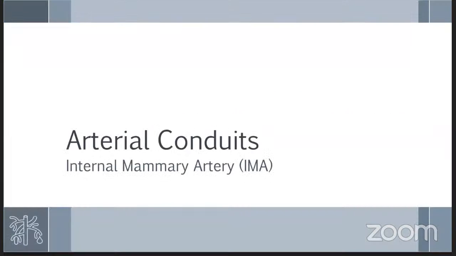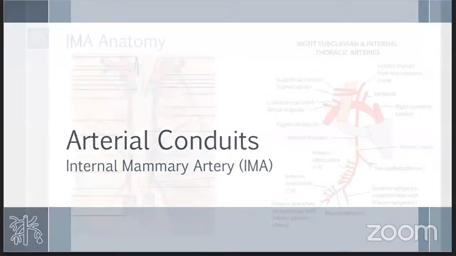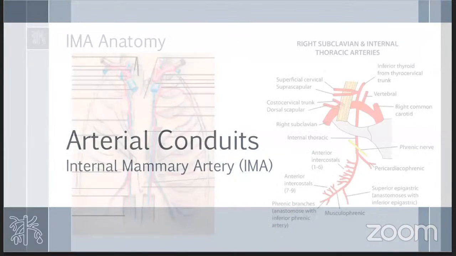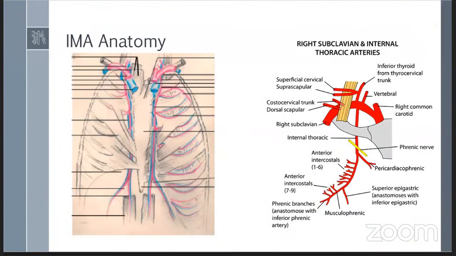We have multiple grafts. The first one is the internal mammary artery. So I will first start with the anatomy. The internal mammary artery originates from the first portion of the subclavian artery.